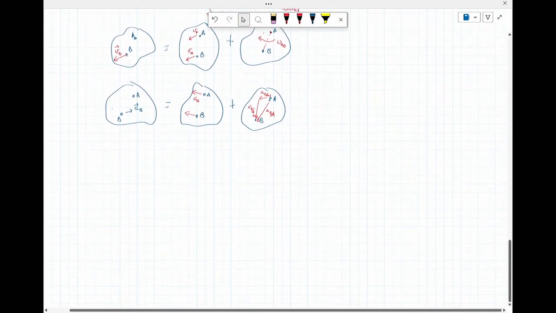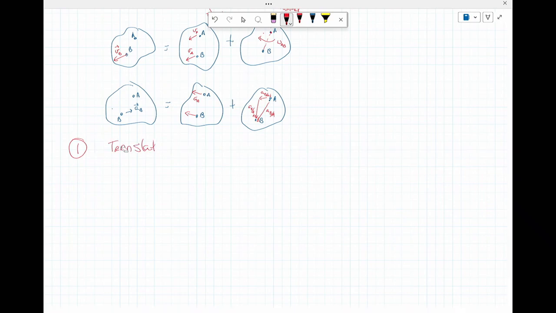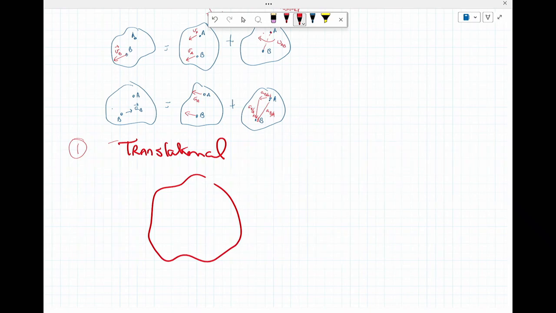So if we go back and we start with the translational, we have an object that's sort of going in space, and a direction and all of that.